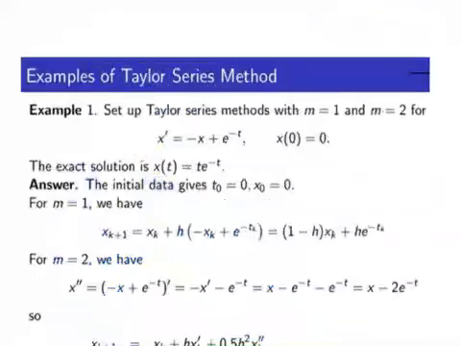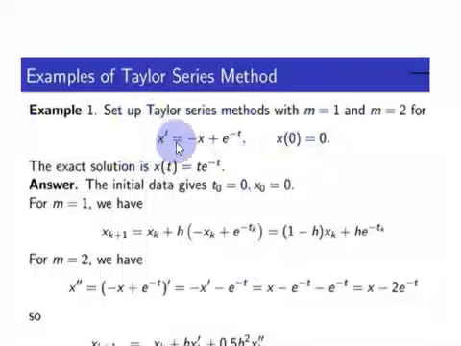Our first example: set up the Taylor series method with m equal to 1 and m equal to 2 for this initial value problem. This is your initial value, this is your first order differential equation.